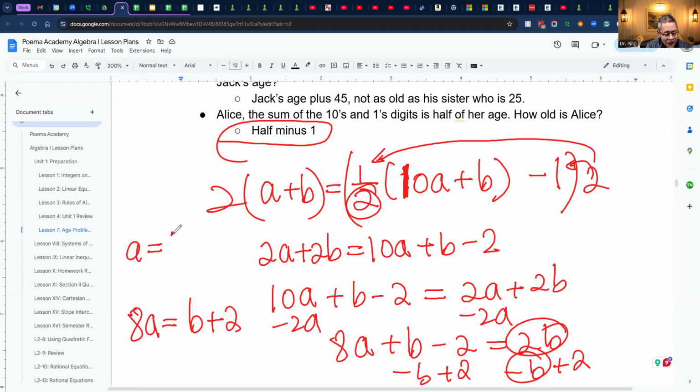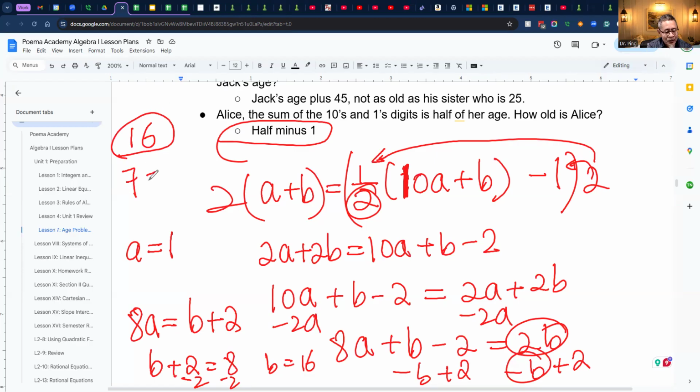In that case, B plus 2 will be 8, so B will be 6, so 16. Let's check: 16, when you add the digits together, is 7. Half of 16 is 8, and 8 minus 1 is 7. So we know we got that right.